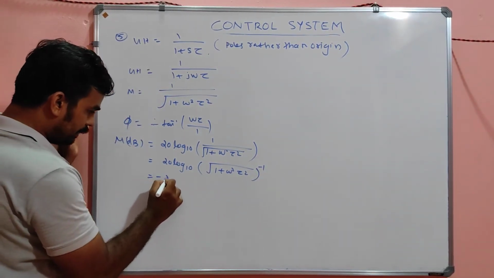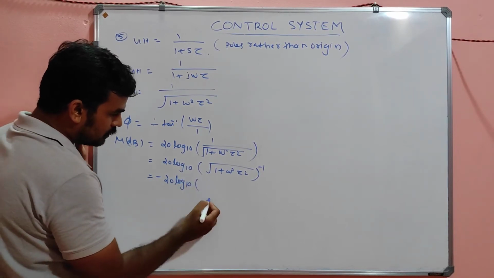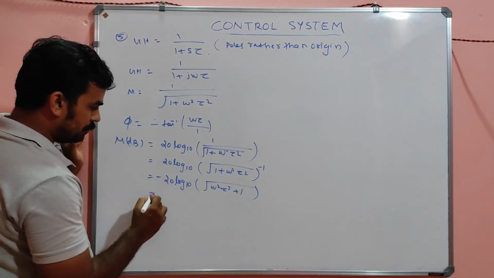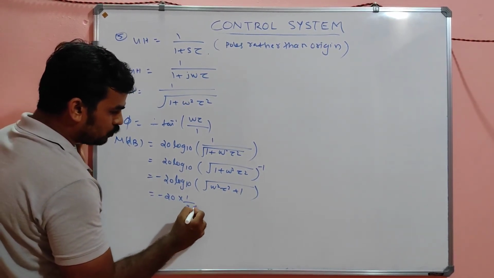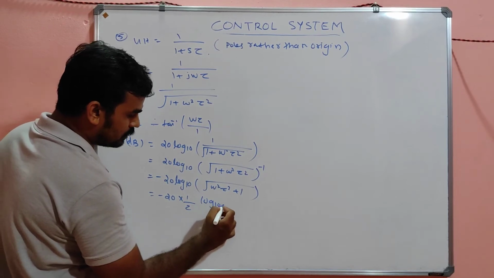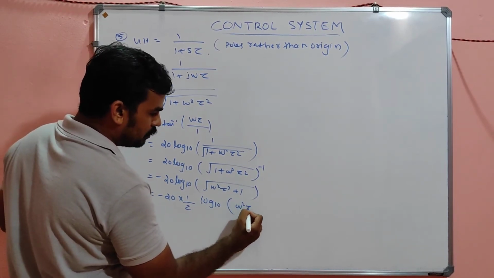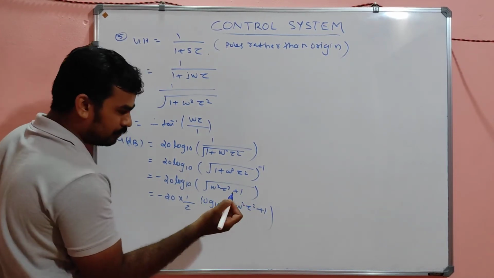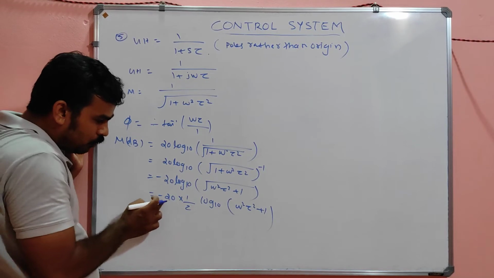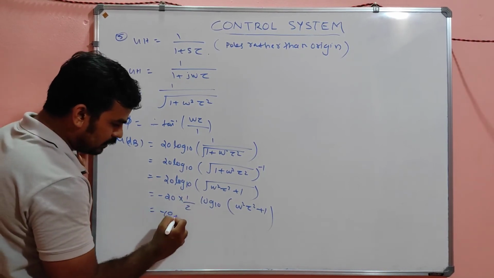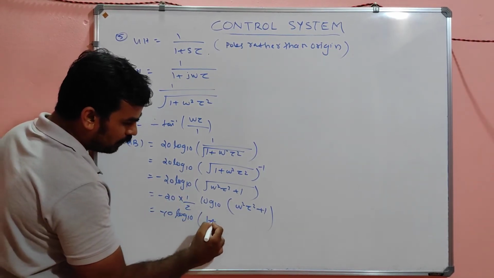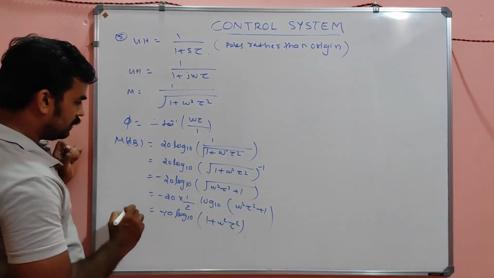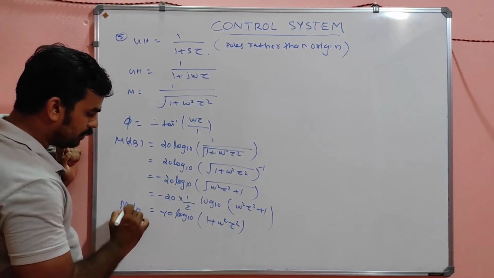So it will be simply minus 20 log 10 of root of omega square tau square plus 1, or minus 20 into 1 by 2 log 10 of omega square tau square plus 1. The root gives the power 1 by 2, so 20 into 1 by 2 is 10: minus 10 log 10 of 1 plus omega square tau square. So that will be the general equation for M in dB.